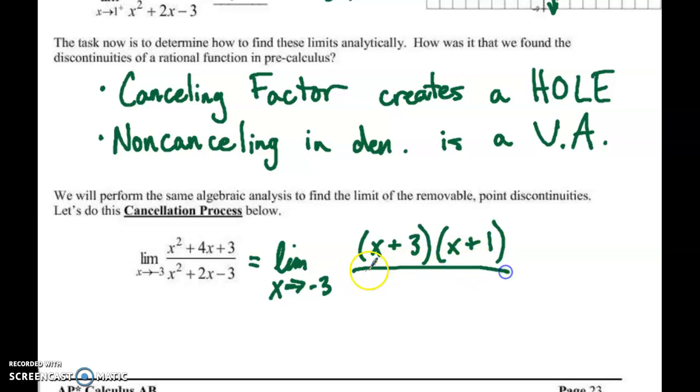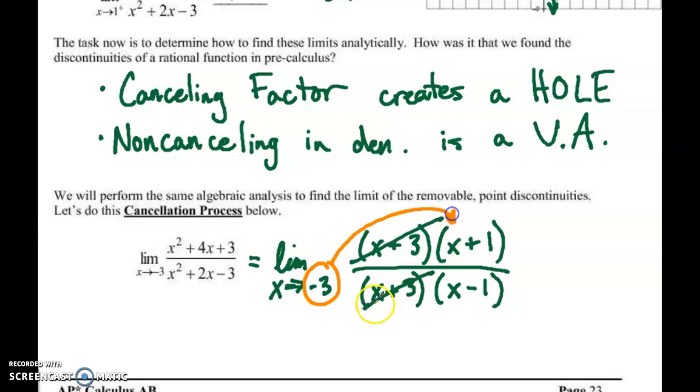So notice all I'm doing is factoring, and you have to rewrite the limit. And if you factor the denominator, I already did this earlier, that's why I'm not repeating myself, you can cancel out the x plus 3's. And now what you should notice is this negative 3 when I substitute in for both of my x's. Negative 3 plus 1, notice I'm not going to write limit now, is negative 2.